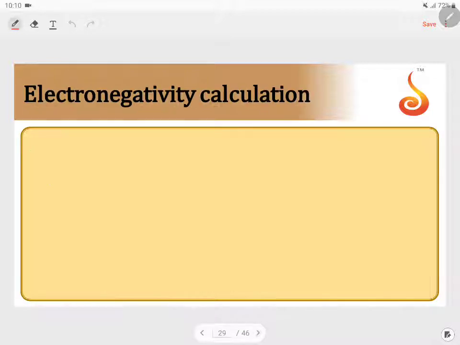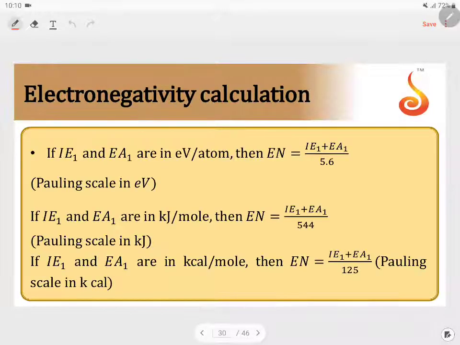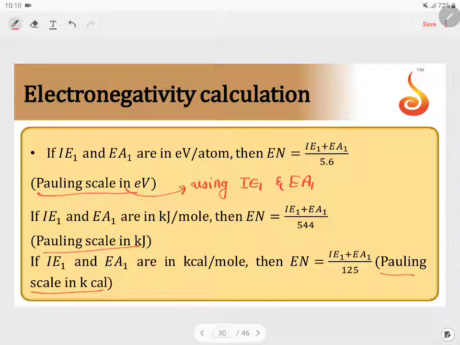Now, there are three more formulas given here. If you want to calculate the electronegativity values in the Pauling scale using first ionization energy and electron affinity, the formula we learned previously gives electronegativity values in the Mulliken scale.